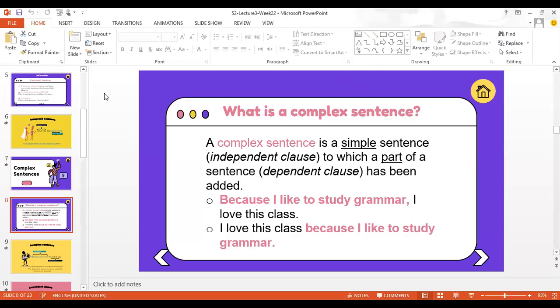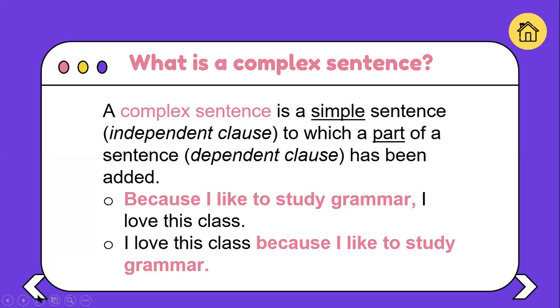It cannot stand alone. It's not complete because it's missing a part of the idea. The dependent clause starts with a subordinating conjunction, like the example here. Like, because I like to study grammar.